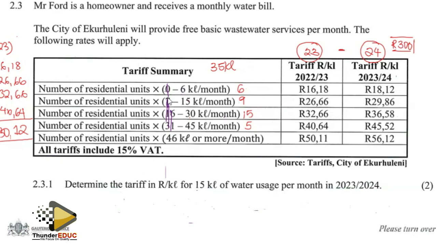For 2024, allow me, I will use this other side here, but still the same unit. So in 2024, it will become 6 times 18,12. Here we have 9 times 29,86, then 15 times 36, and then we end up with 5 kiloliters.